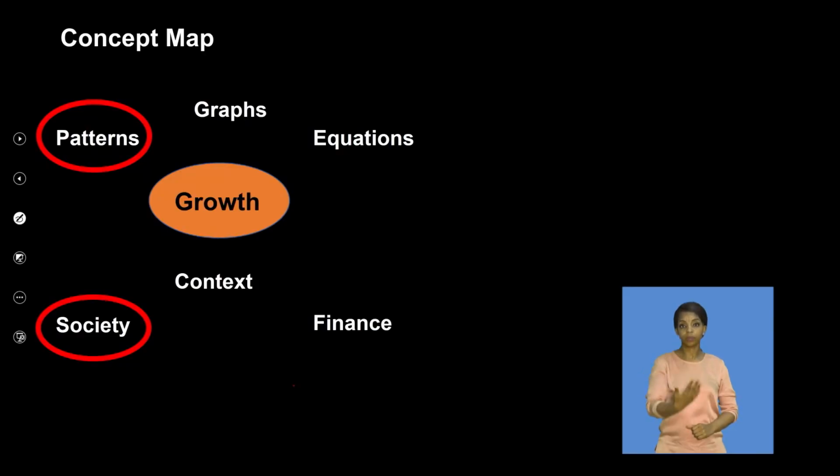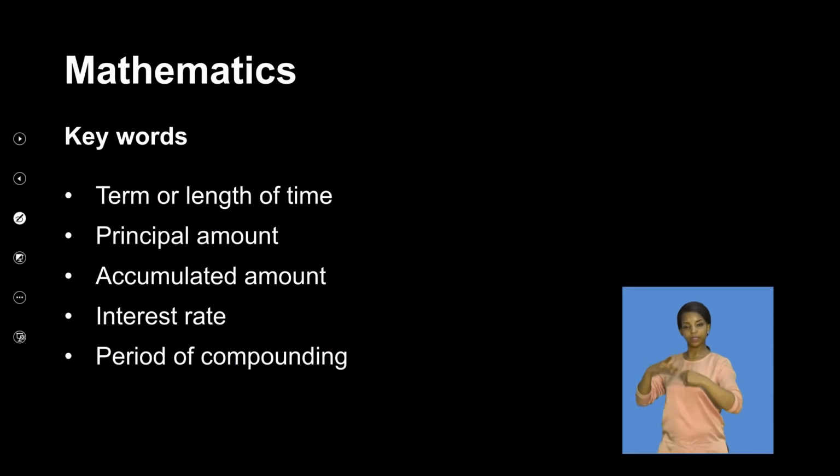As you see here, remember that our big idea is still the concept of growth. We're looking at a pattern, specifically under society. Now we're looking at a pattern under finance. Keywords under finance would be the term or length of time, which we normally represent using the letter N, so please note that.